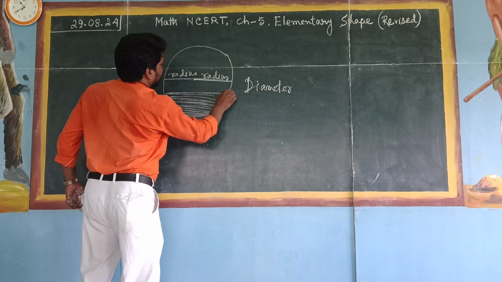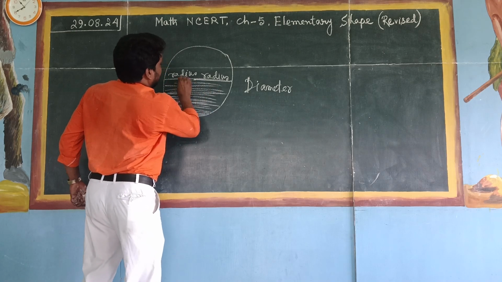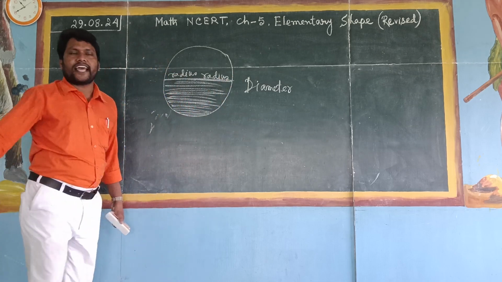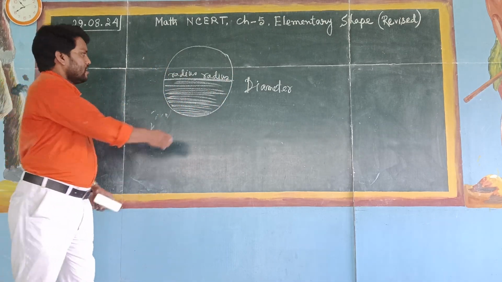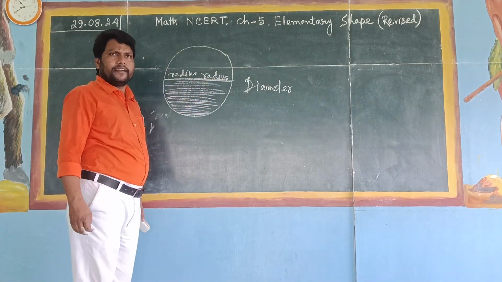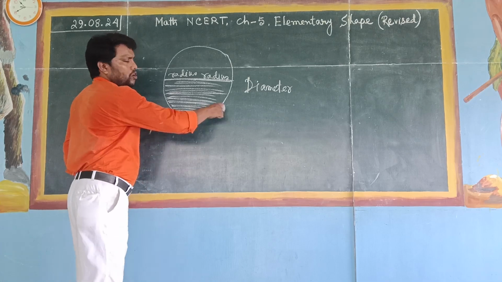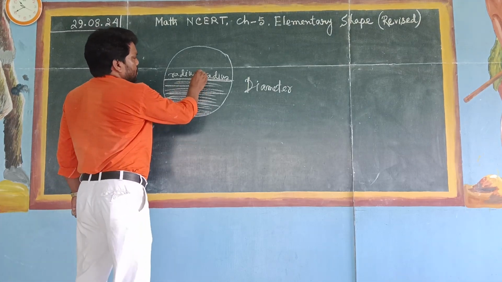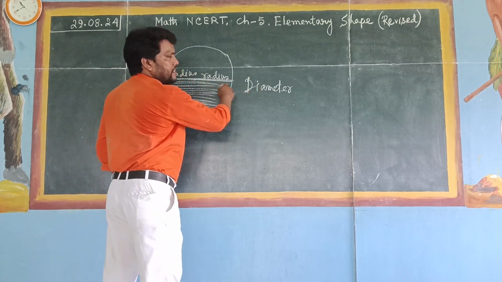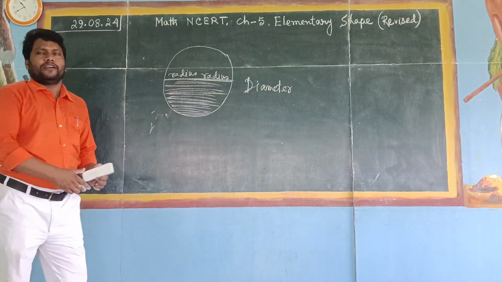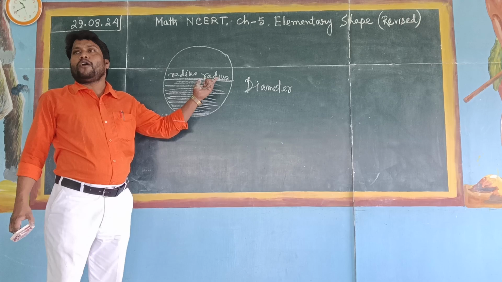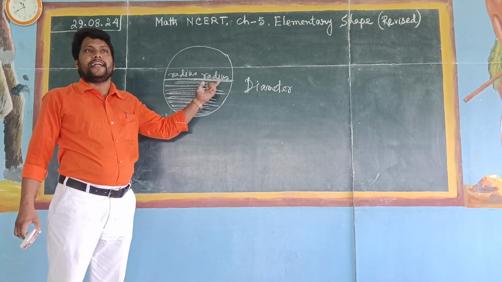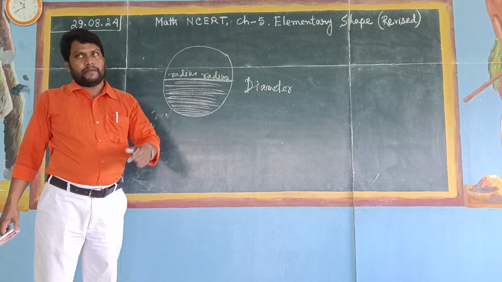When you reach this point, the midpoint, just like an equator, this line is the greatest line, the greatest chord. These are all chords. So radius plus radius, that means 2 radii. So the diameter is double its radius, and the radius is half its diameter.